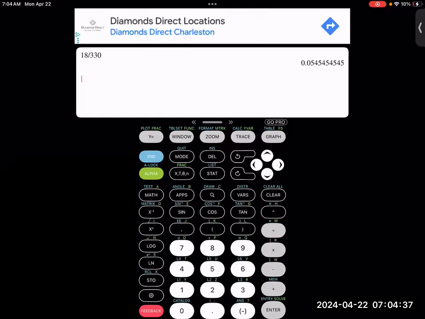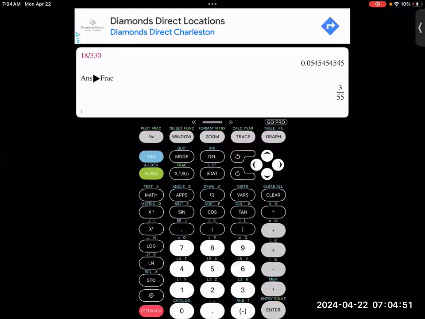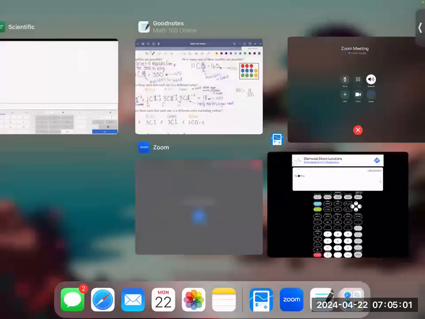So what you're going to do is hit the math button, and the first option, for fraction, is going to replace your decimal answer with a fraction. The fraction that we put in and the fraction that we get out are equal. It's just that the one in pink that you're seeing right here is the smaller of the 2 fractions. It's just been reduced.